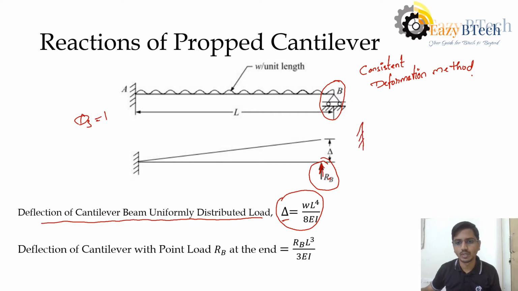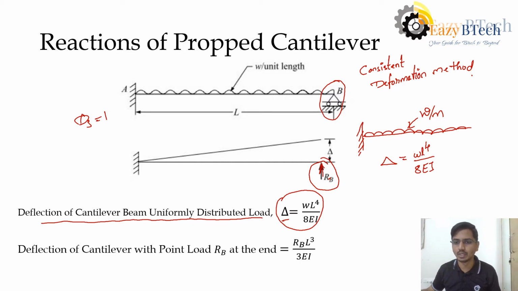First, what we'll assume is this is a cantilever and a UDL is acting of W per meter length, and the deflection for this is delta equal to WL power 4 by 8EI.